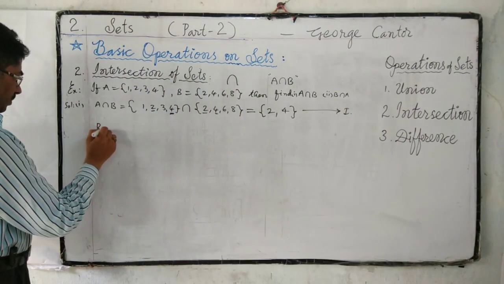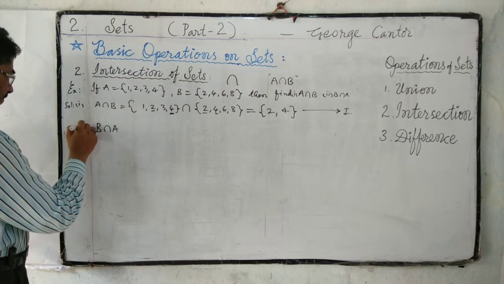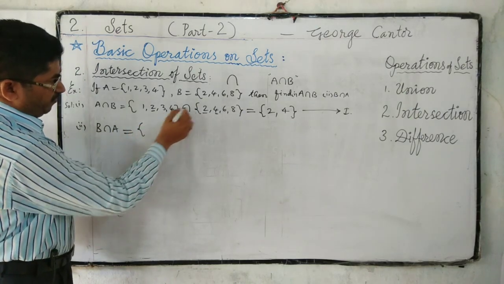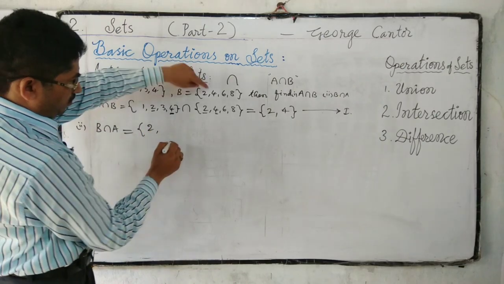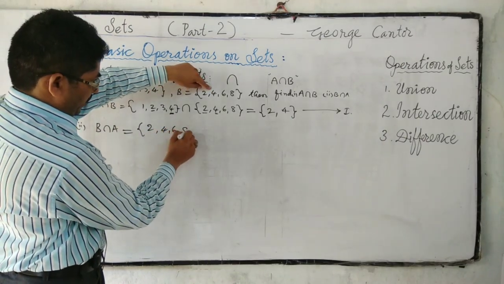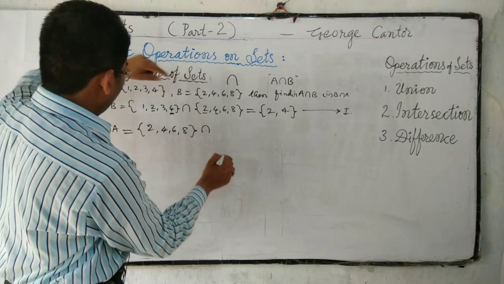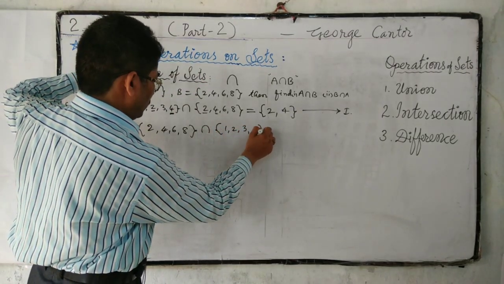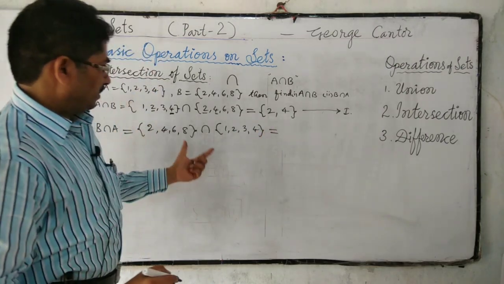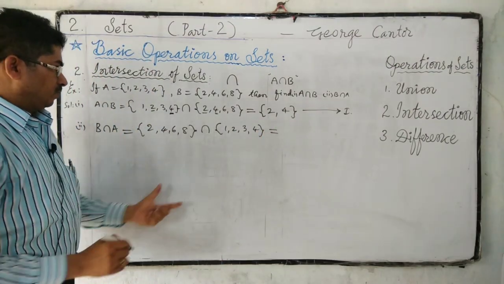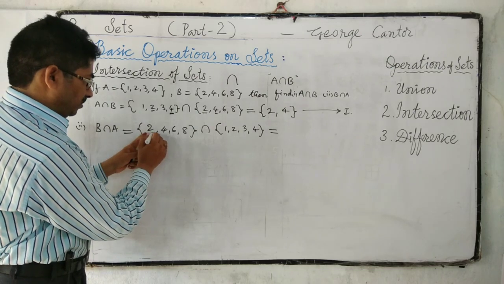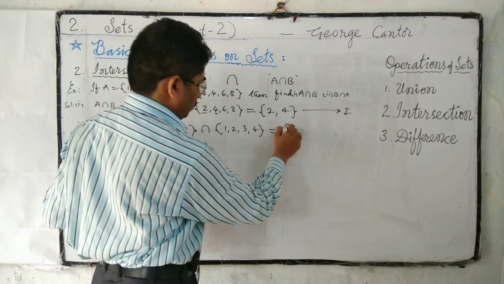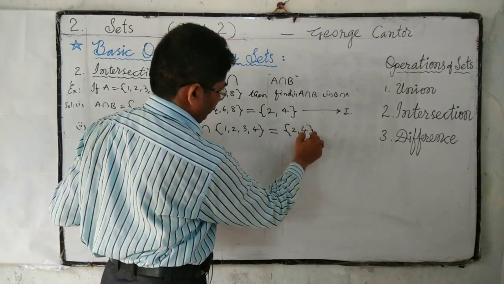Next, B intersection A. We have to find B intersection A. First, we write B, 2, 4, 6, 8, intersection A, the set of 1, 2, 3, 4. Both sets have only common elements 2, 4.